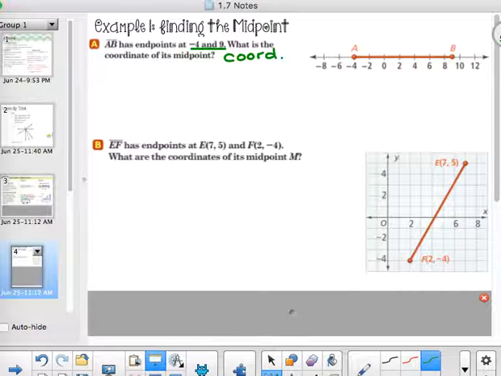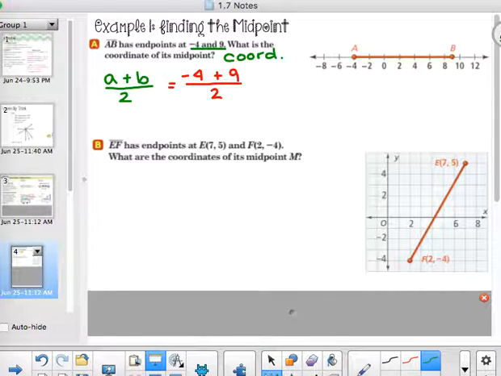Recall, to find the midpoint, all we need to do is add the coordinate of A to the coordinate of B, and then cut them in half. The coordinate of A is -4. The coordinate of B is 9. Divide this by 2.